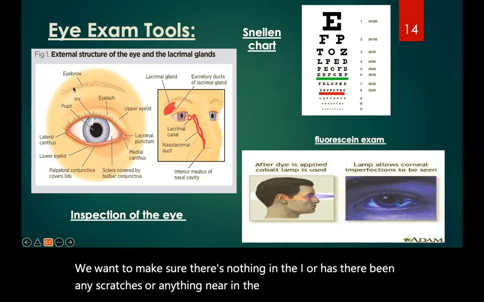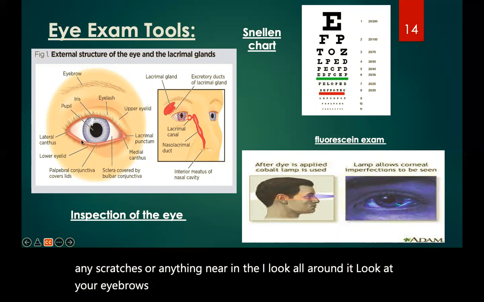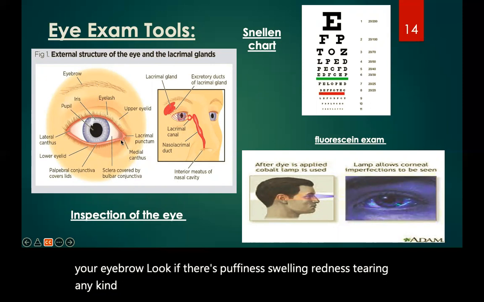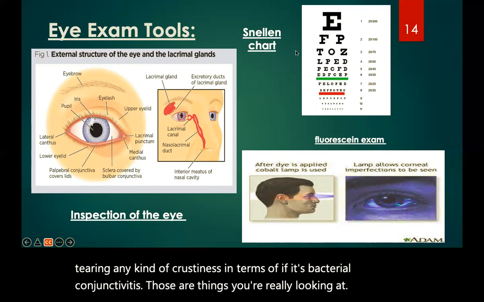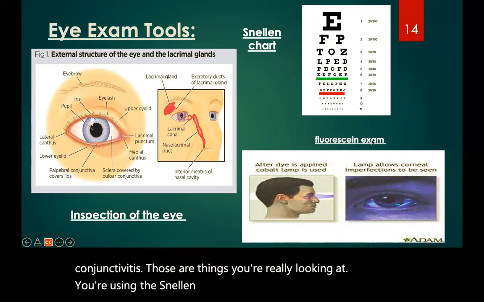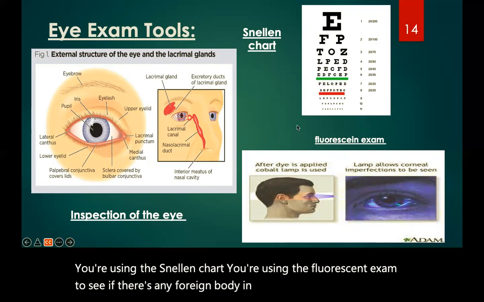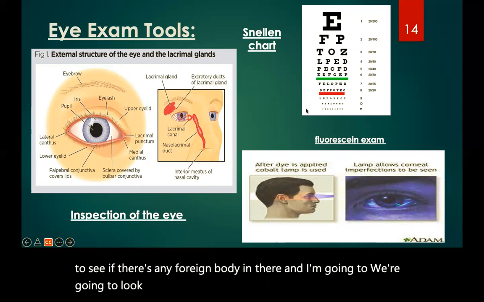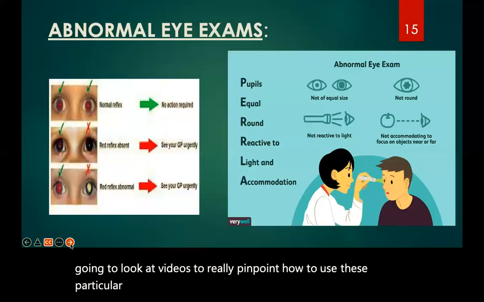Look all around it. Look at your eyebrow. Look if there's puffiness, swelling, redness, tearing, any kind of cruddiness, like if it's bacterial conjunctivitis. Those are things you're really looking at. You're using the Snellen chart. You're using the fluorescent exam to see if there's any foreign body in there. And we're going to look at videos to really pinpoint how to use these particular tools during your exam.